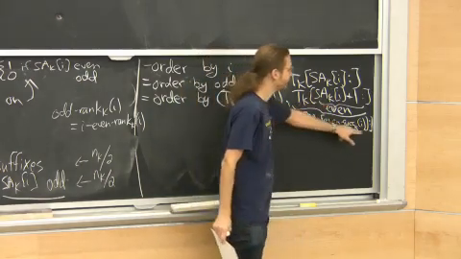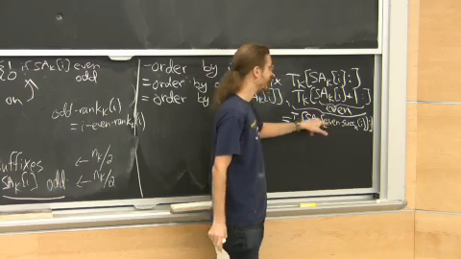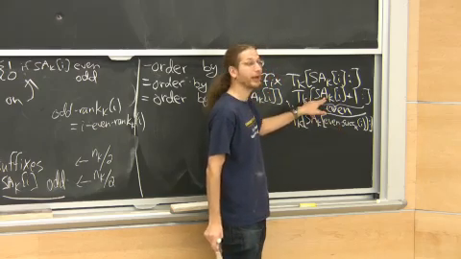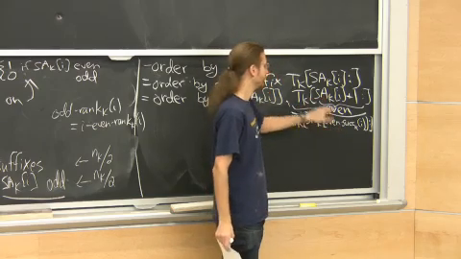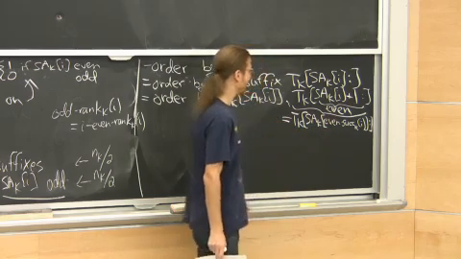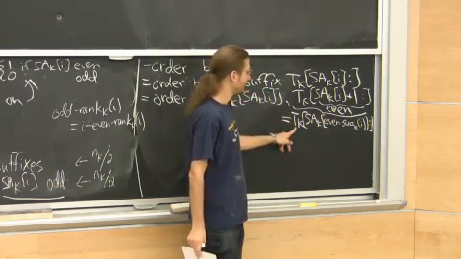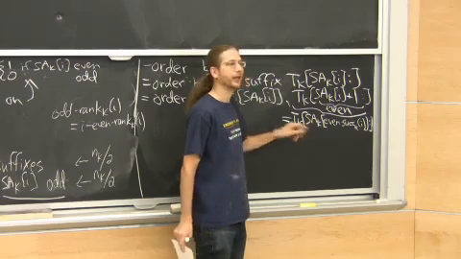Even successor is the value j, for which if I do SAK of j, I get SAK of I plus 1. That's the definition.